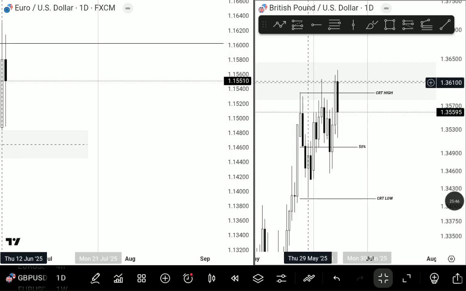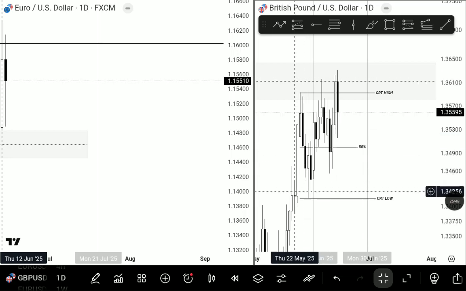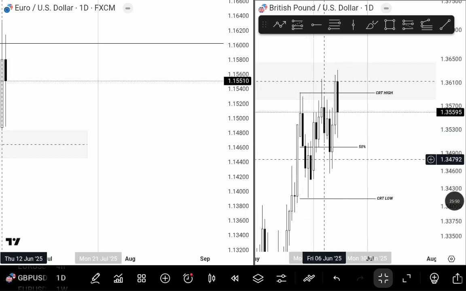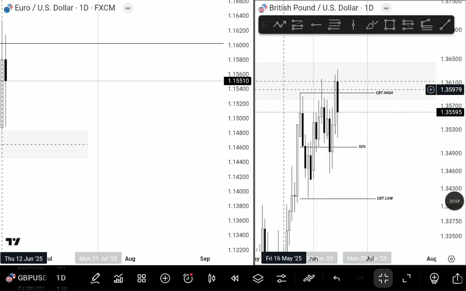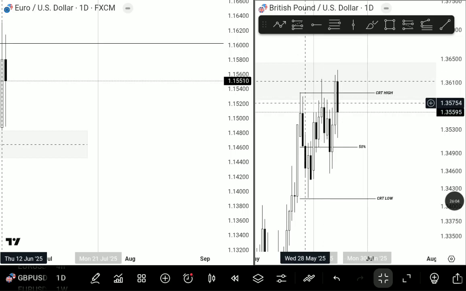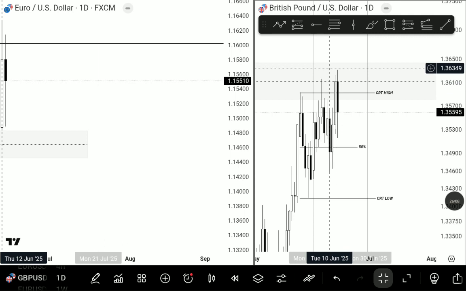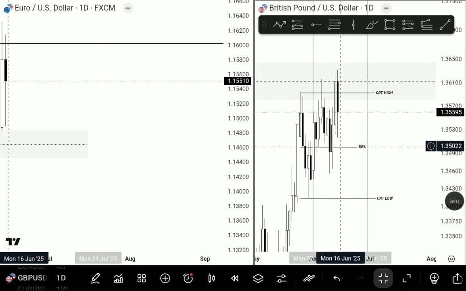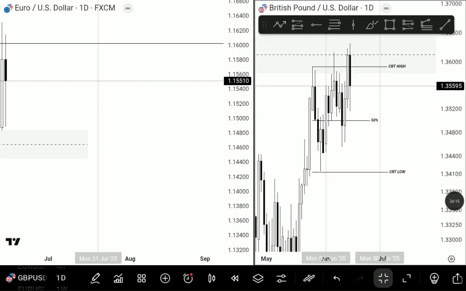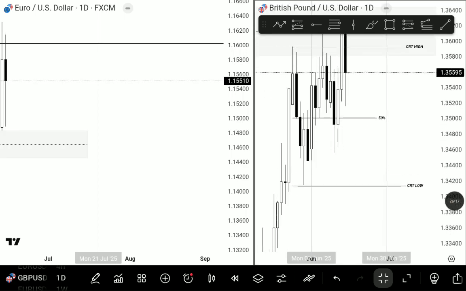Price either makes a V shape reversal, W shape reversal, or three swing points, suckering in those reversal traders. People looking for bearish reversals are suckered in the first time, second time suckered in, and the third time is usually when you see price actually create the move.